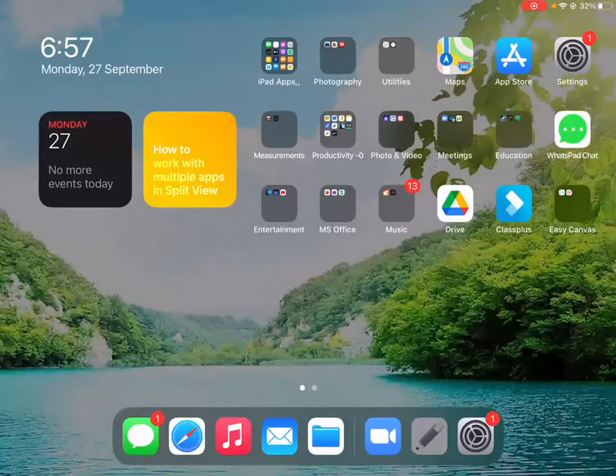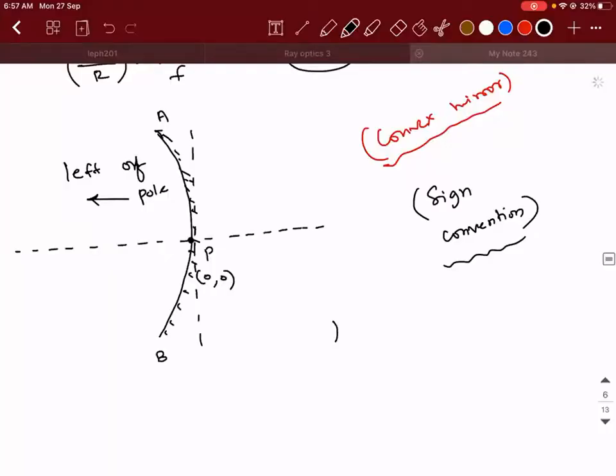It is considered to be negative. Any distance measured on the right of the pole is considered to be positive. Any distance taken in the upward direction is considered to be positive. Any distance considered in the downward direction is considered to be negative.